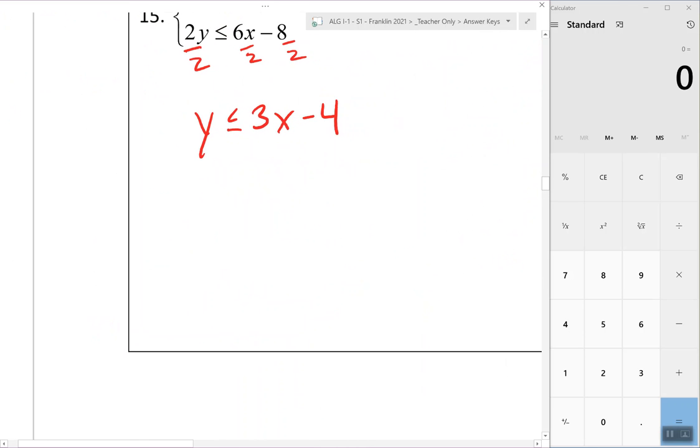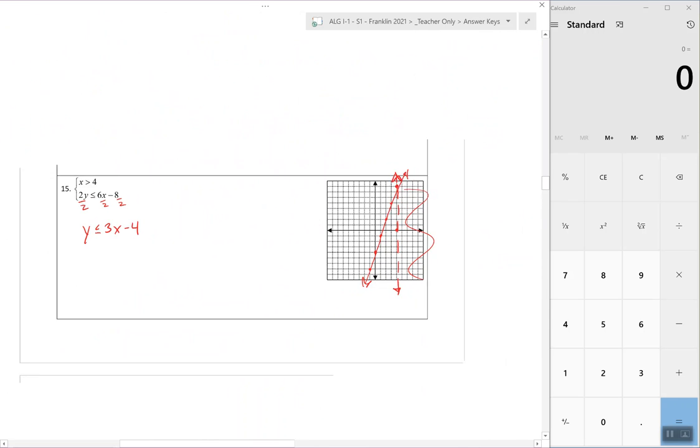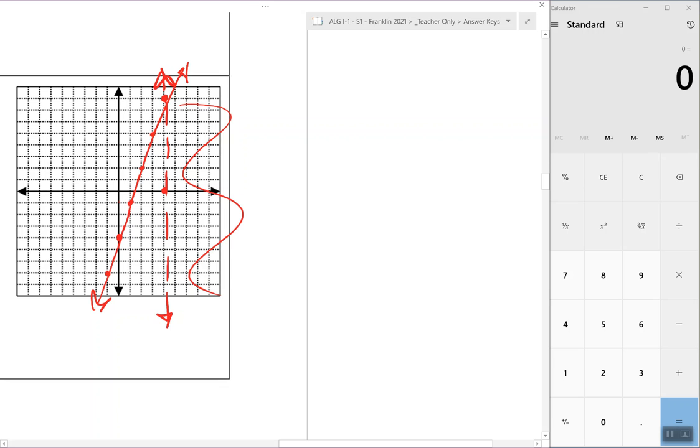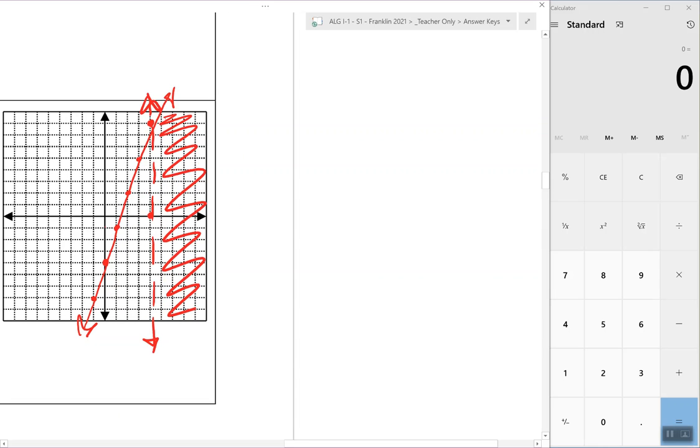And that is a solid line because of the equal to bar, and it's less than. So we need to be below that line, but to the right. What we have is probably good enough, but it's just shaded right here. Below the solid line and to the right of the dotted line.